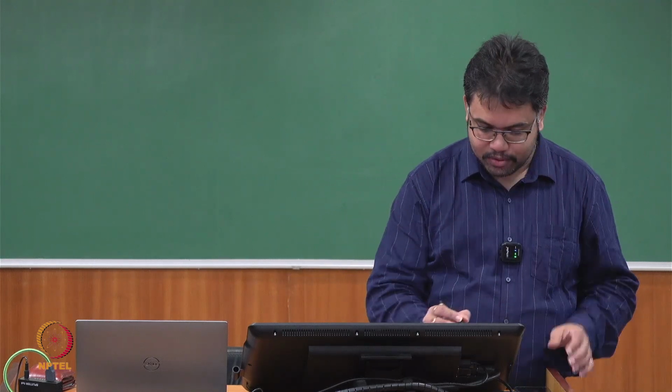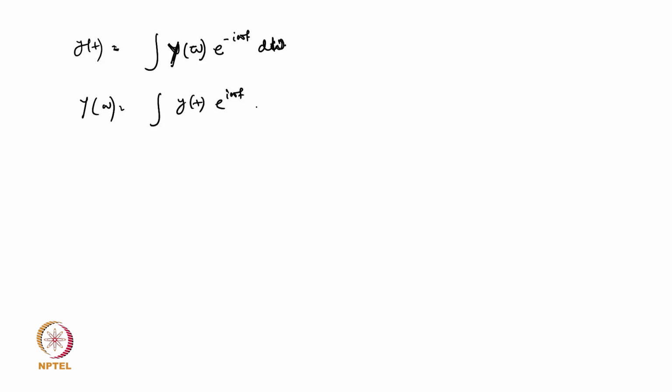Suppose we have y of t, we can write it as the integral of y of omega e to the power of minus i omega t d omega. So that is IFFT, and you have FFT. That is your Fourier transformation.